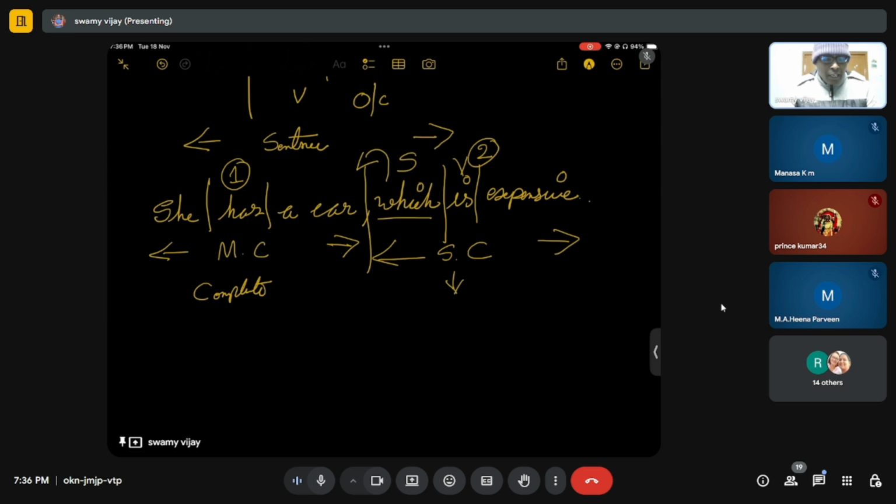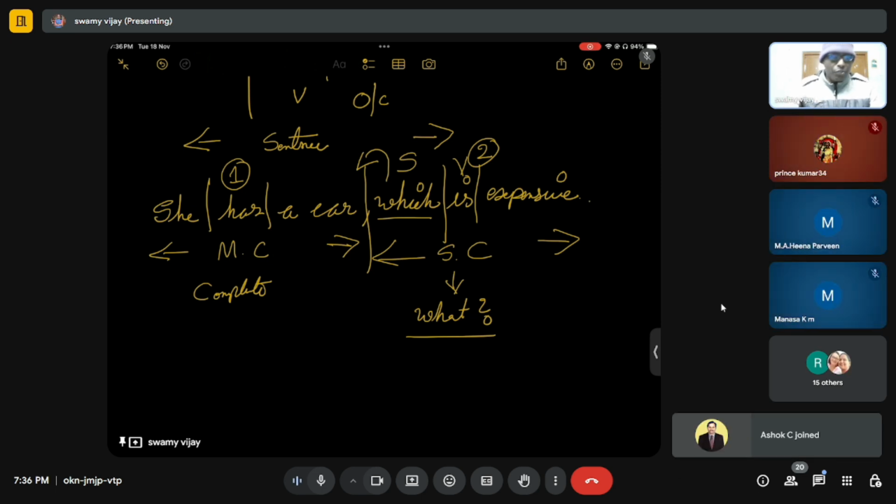Now tell me what type of clause is this? Which is expensive is what? Whether it acts as a noun clause or an adjective clause or an adverb clause. Tell me. Which is expensive is a subordinate clause, but what type of clause is it? Is it a noun clause or an adjective clause or an adverb clause?